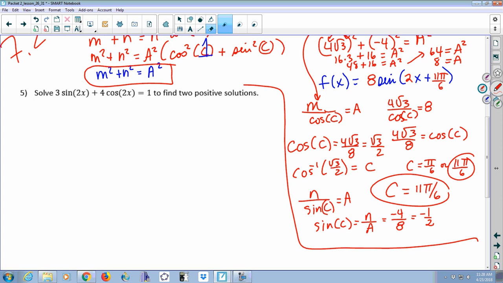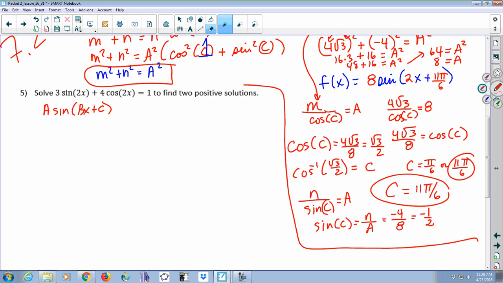There's no way we can really, maybe if we start looking at sines of double angles and cosines of double angles, maybe we could get that left side into one trig function, but man, it just seems like it'd be a lot of work. But now we're going to be able to write this so it looks like this: A sine of bx plus c, because we just figured out generically how to do it for every single possibility here.